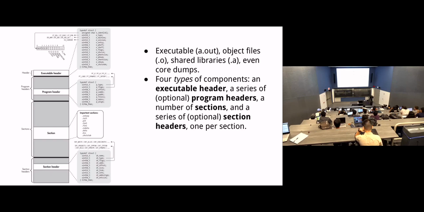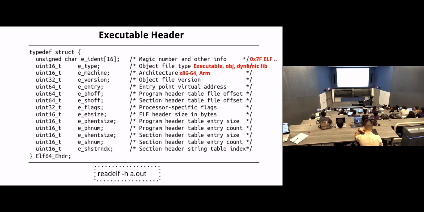So the executable header looks like this. This is a data structure. You don't have to remember this, obviously. At the beginning, there is always a 4-byte magic number, which is hex 7F and the ASCII letters ELF. Those 4 bytes are always there, just to tell tools that this is an ELF file.